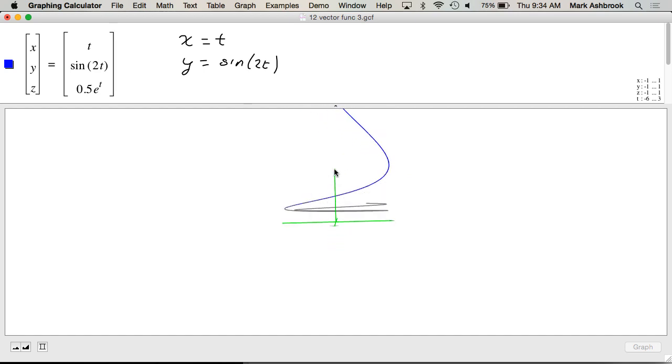So what's happening? It's sinusoidal, but because of the e to the t, as t increases, z is continuously increasing, like a continuously increasing period, right? Let me zoom out once and see what happens. And pretty soon, the e to the t is going to dominate, and for large values of t, giving us large values of z, we're hardly going to see the sine anymore. Okay?